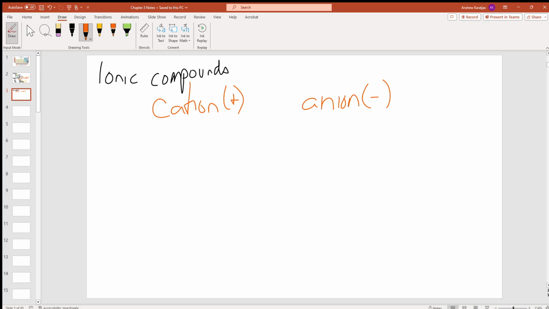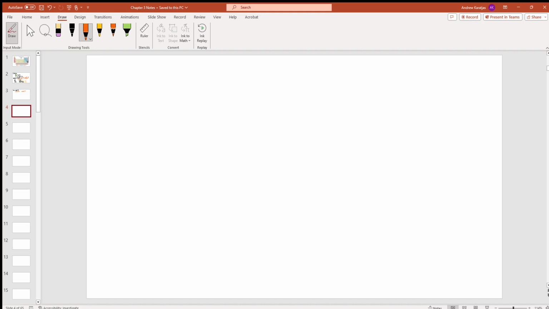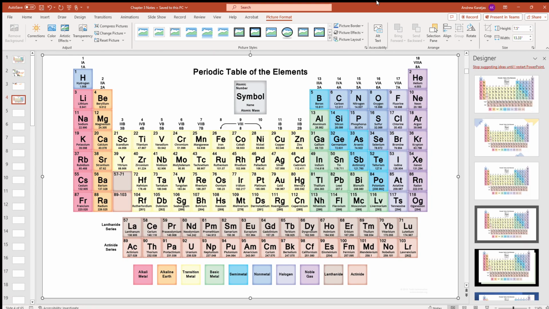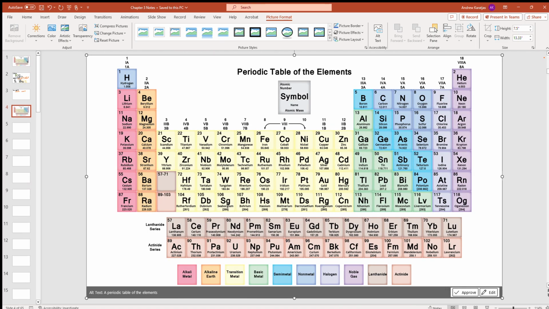Now, in many cases, we can predict what the compound is going to be just by knowing what elements are involved. And that's because the periodic table allows us to relatively easily predict at least some of our elements. So let's bring that back up. And we're going to focus on our main group elements.